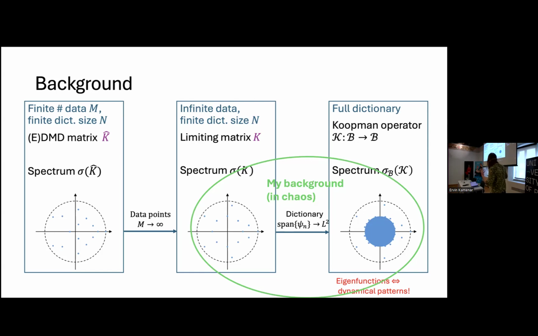One thing that you can do is study the eigenvalues of some sort of limiting matrix, which you can construct on your computer, and how this converges to what we think of as the spectrum of the Koopman operator, which is not necessarily a spectrum in L2, but a spectrum in some very carefully constructed Banach space, in which you get these discrete eigenvalues that have some kind of canonical significance to us.